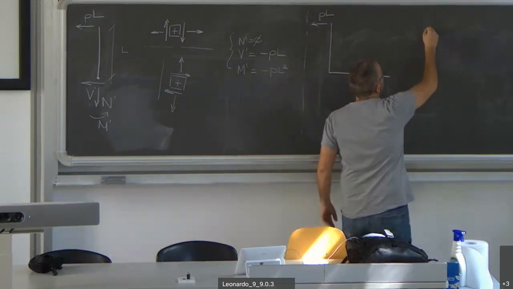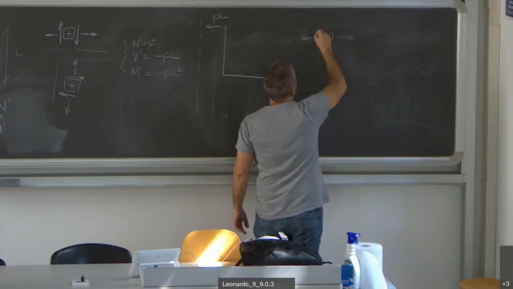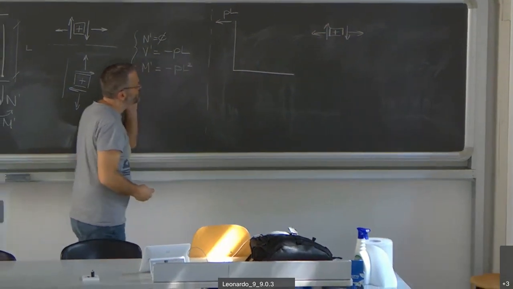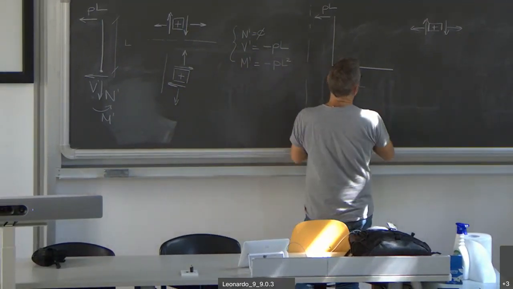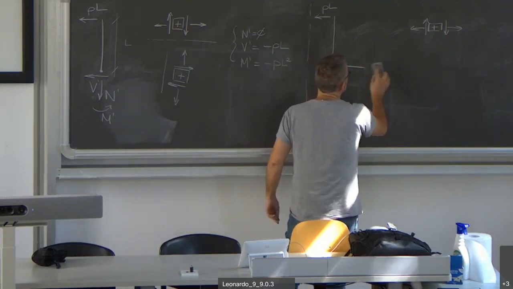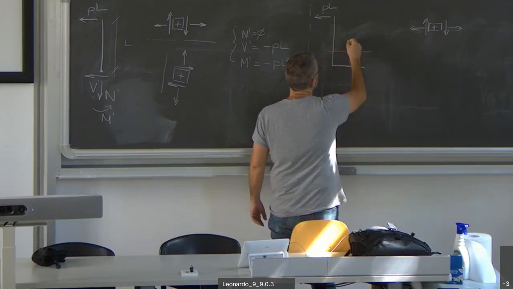PL, my sign convention in this case is tension, clockwise, and bending moment, whatever. So, when I go to the point, sorry, this should be L divided by 2. So this is L divided by 2.